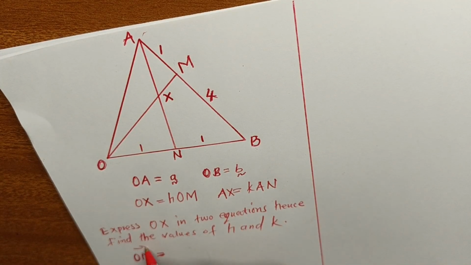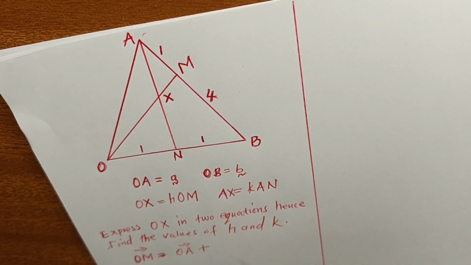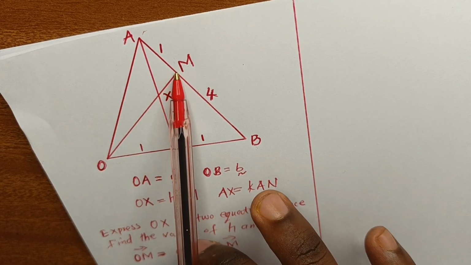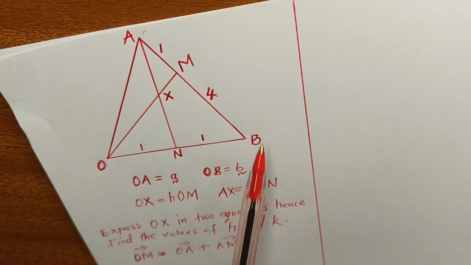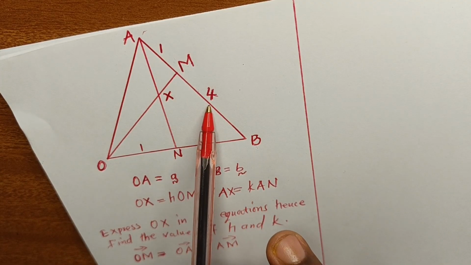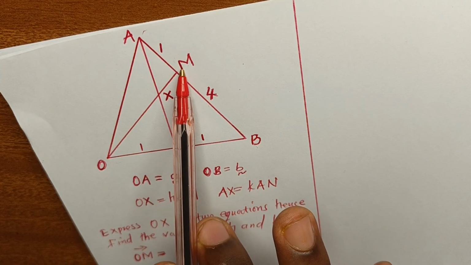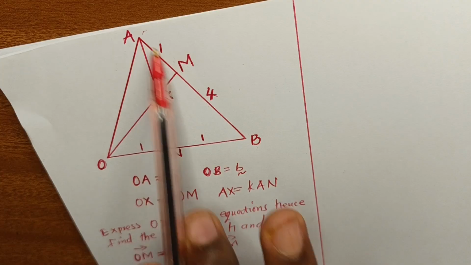Now this will be OM is equal to OA plus AM. Remember, M is a point on AB and it has divided AB in the ratio 1:4. For me to find AM, it will be 1 over the total.